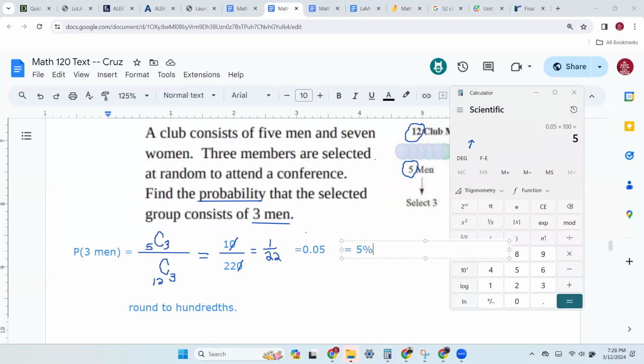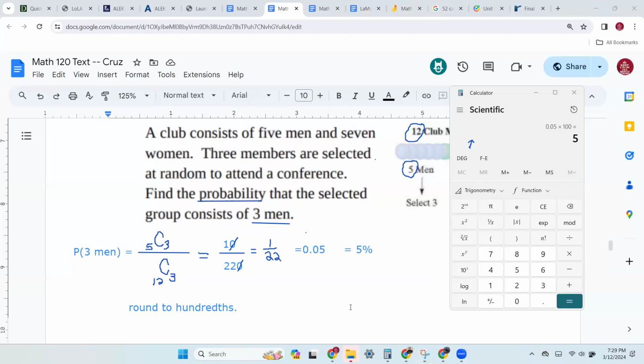And the reason why I'm converting to percent is the same reason that Alex in the book will do it. Because here's the thing, people don't think very well in fractions and they don't think very well in decimals. But for some reason, people understand what 5% means. So that tells us right there that there's about a 5% chance, or it's actually less than 5% because we rounded it up.